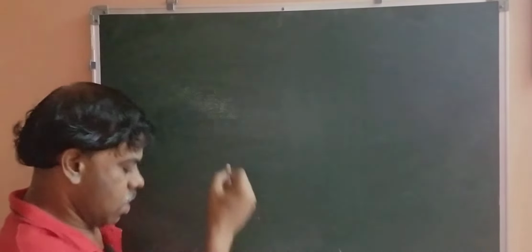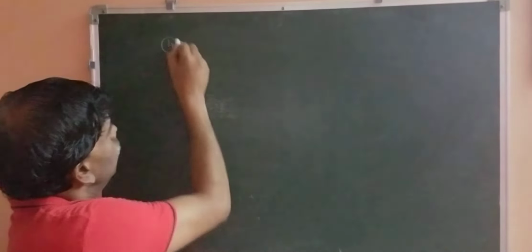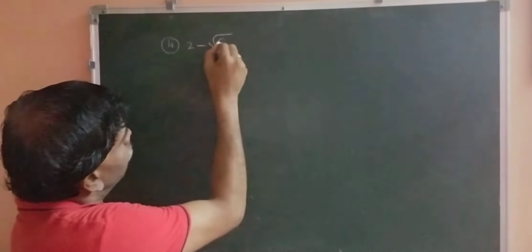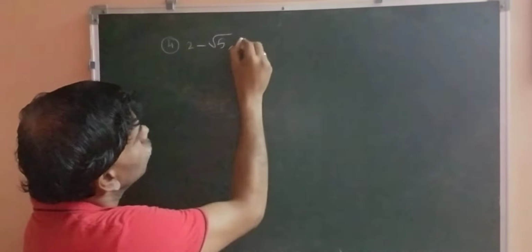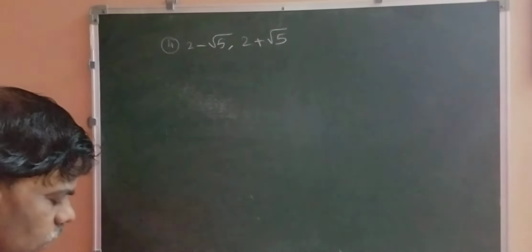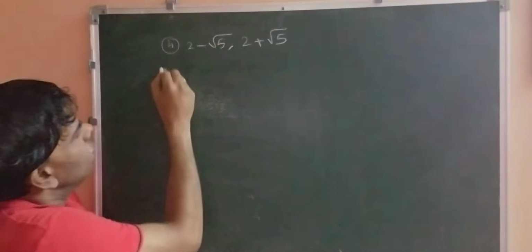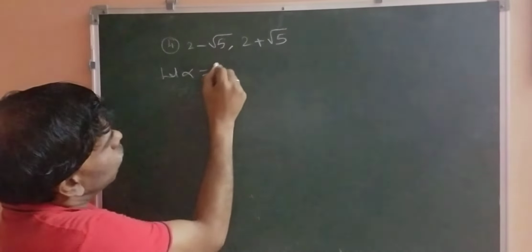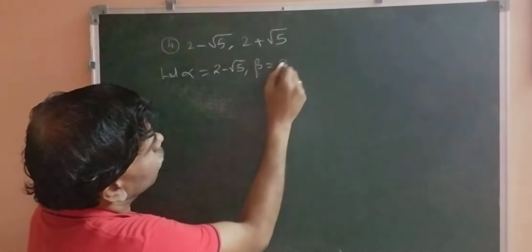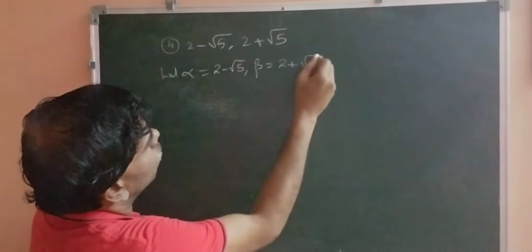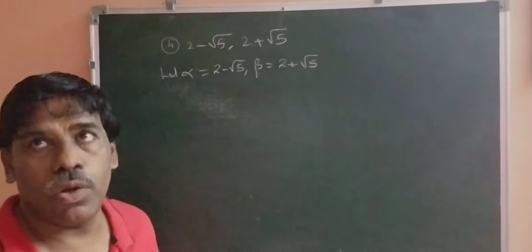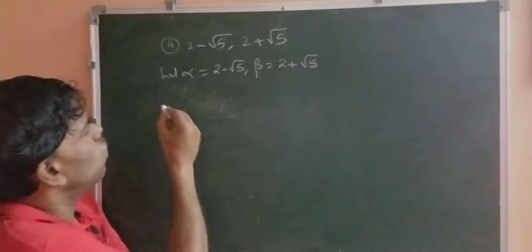Now one more, the fourth sum: 2 minus root 5 comma 2 plus root 5. So let alpha equal to 2 minus root 5, beta equal to 2 plus root 5. As usual, first of all you have to find the sum of the roots.